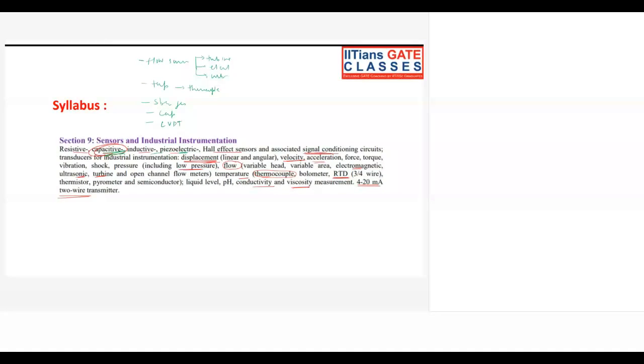So these things are very important from the GATE instrumentation point of view. Apart from that, everything is important, but the scoring parts are here. From the turbine, electromagnetic, and ultrasonic flow meters, every year 2 marks or 3 marks questions used to come from this topic, right? Okay, so we can stop here.